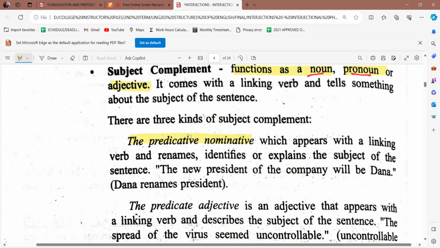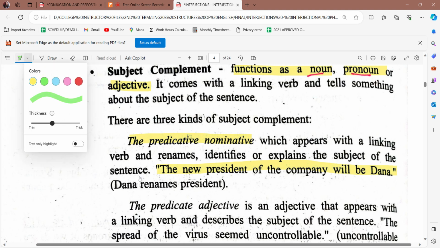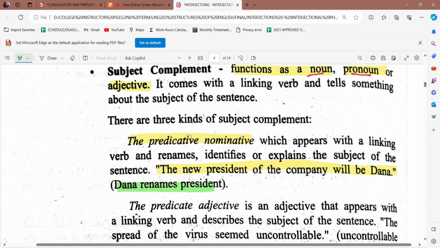Example: the new president of the company will be Dana. So Dana renames the president.